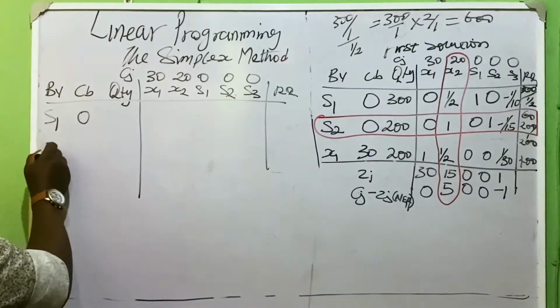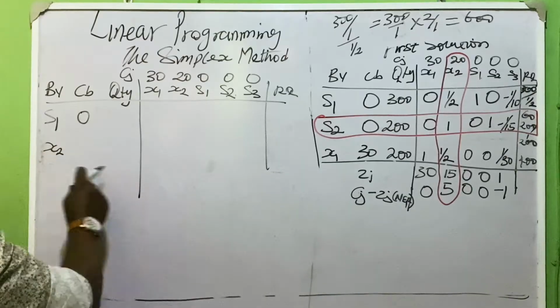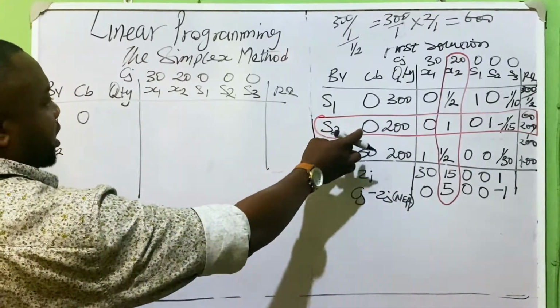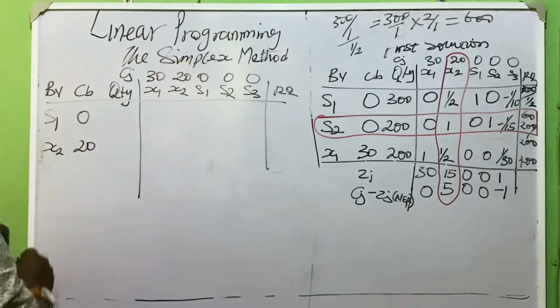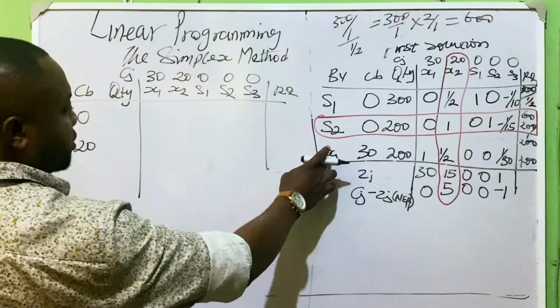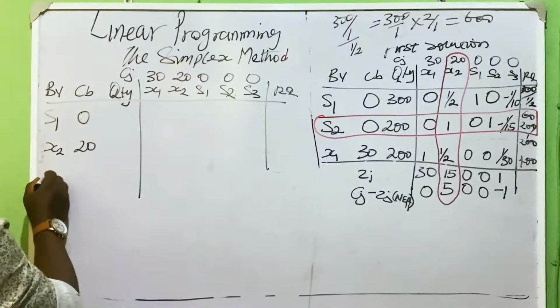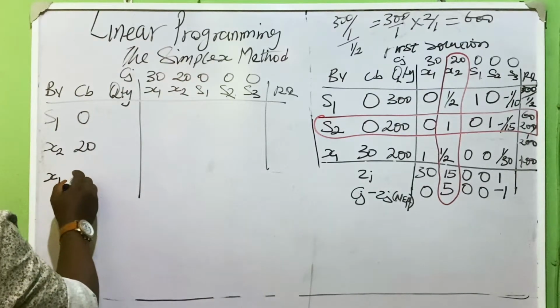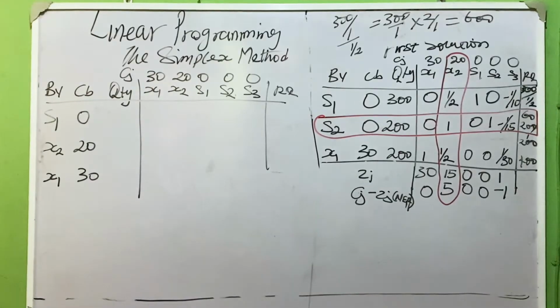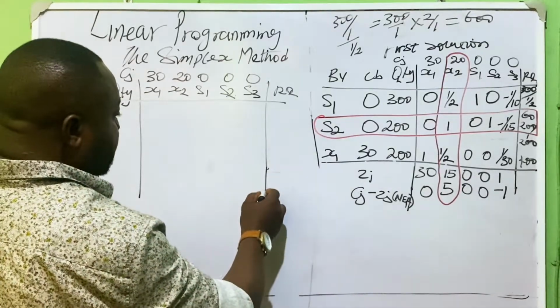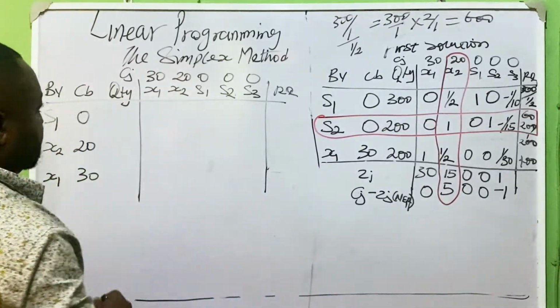So we have X2 to take the position of S2, and the coefficient is 20. We have 20, and X1 comes back. So we have X1, so the coefficient is 30. So the next thing now will be to embark on our transformation quickly, to transform quickly and re-evaluate.